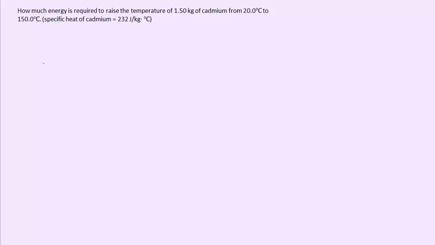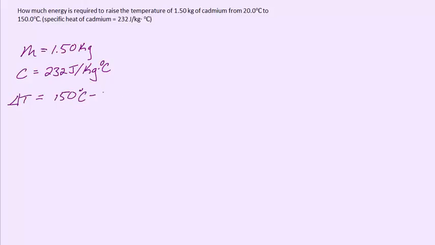So if we summarize the information we're given, we have a mass of 1.5 kilograms, a specific heat of 232 joules per kilogram degrees Celsius, and a change in temperature from a final temperature of 150 degrees Celsius minus our initial temperature of 20 degrees Celsius, which is a change in temperature of 130 degrees Celsius.